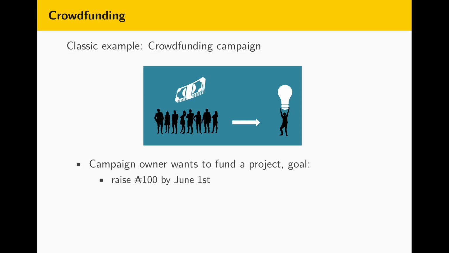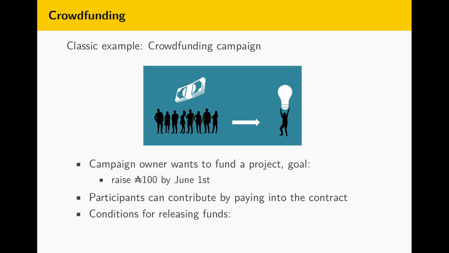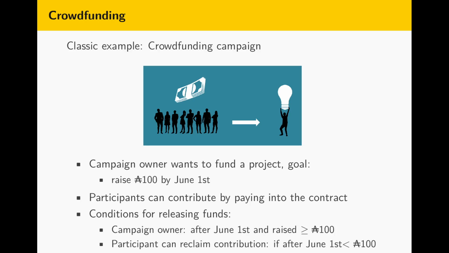This can be encoded in a smart contract, and whenever that's deployed, participants can contribute to the crowdfunding campaign by paying into the contract. The contract then has conditions for releasing those funds, which are as follows. The campaign owner can obtain all the funds if the deadline has passed and the target amount has been raised. Otherwise, each participant can reclaim their individual contributions.